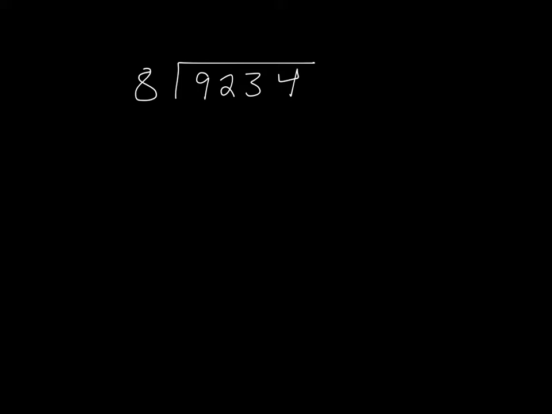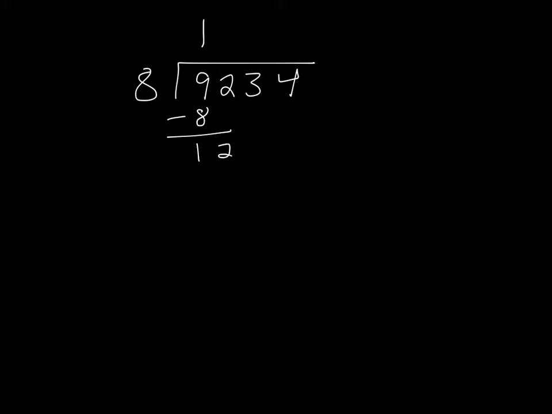So long division, what we do is we have 8 right here, and we need to divide it into this number, and we start with the first number, which is a 9. So 8 divides into 9 one time, so we put a 1 here. We multiply. 1 times 8 is 8. We subtract, we get 1, and we bring down the next number and start over.